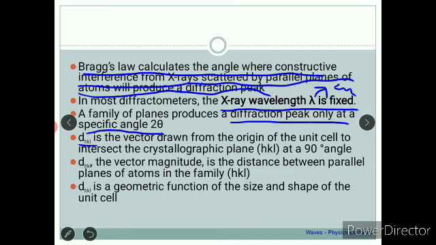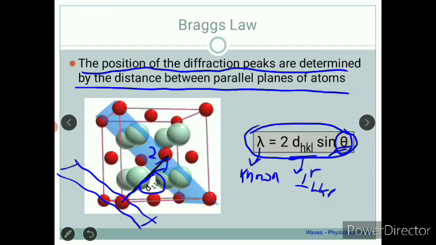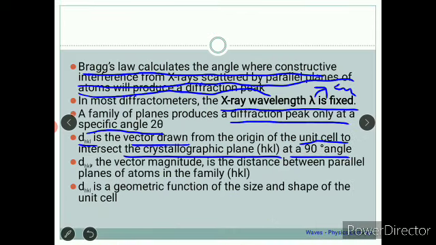Now what is d_hkl again? d_hkl is the vector drawn from the origin of the unit cell intersecting the crystallographic plane hkl at 90 degrees. So if you look at this, this is d_hkl, and it intersects the plane here at 90 degrees. d_hkl is a vector magnitude, basically a value, and is the distance between the parallel planes of atoms.